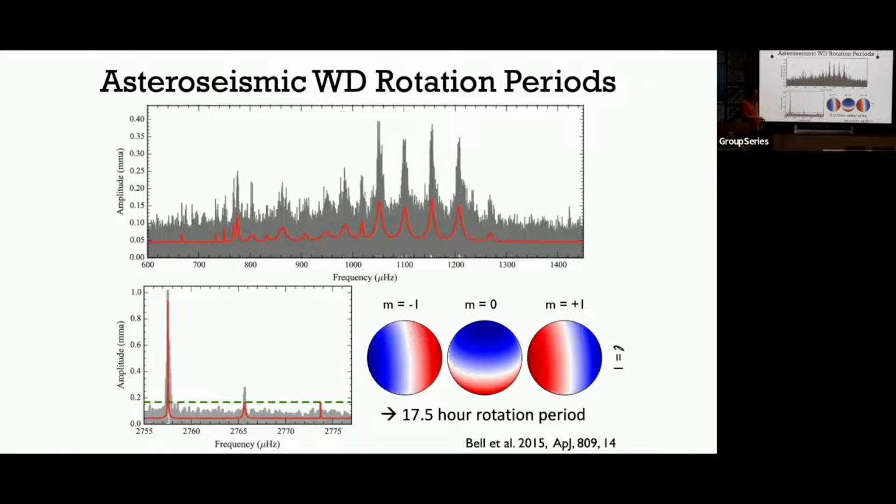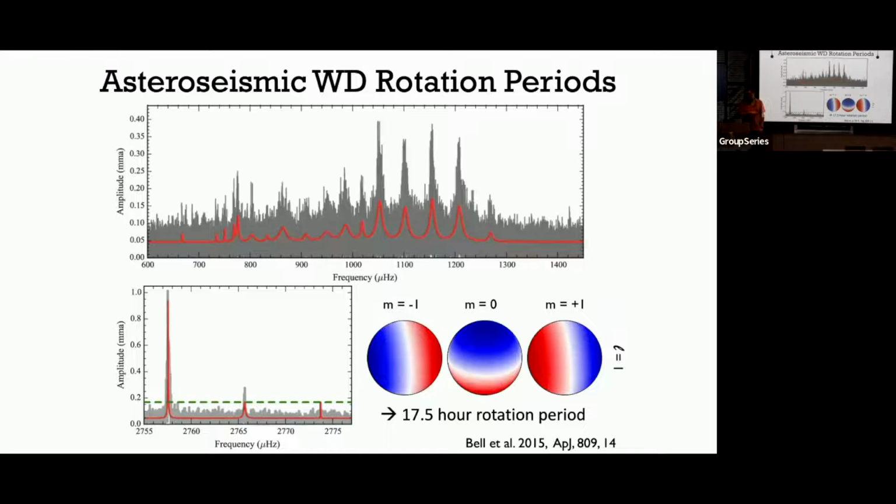And so here, this is what I showed before for the first hydrogen atmosphere white dwarf observed by Kepler. Up in the high frequency range here, we see this triplet of signals, which we interpret as corresponding to these 3 mode patterns. And the spacing between these components can give us the rotation period, an asteroseismic rotation period.